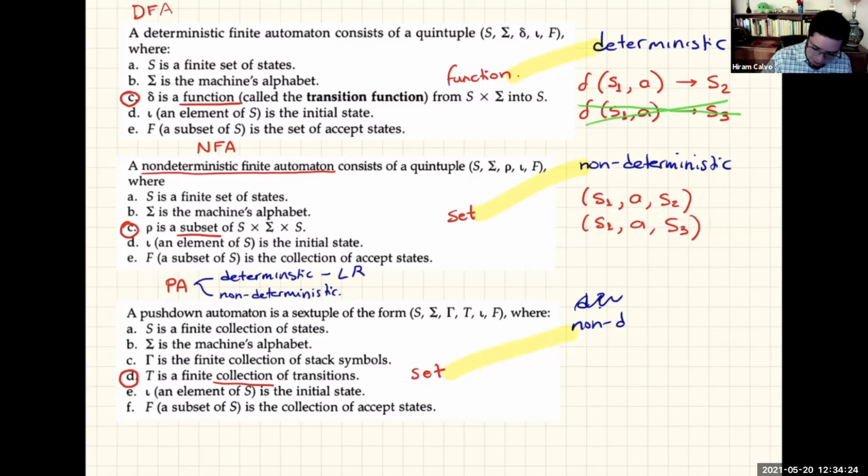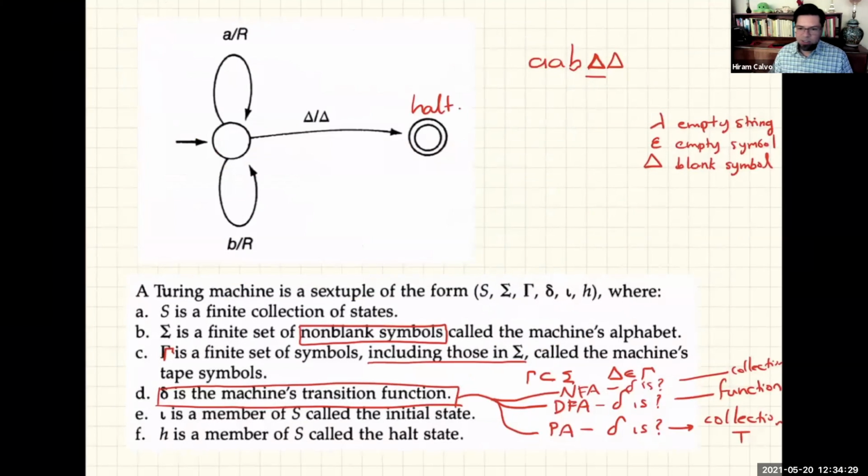And now the golden question is, are Turing machines deterministic or non-deterministic? I think it is deterministic because it's a transition function. Yes, exactly. That's what I wanted you to find, that Turing machines, because of this definition, are deterministic machines.